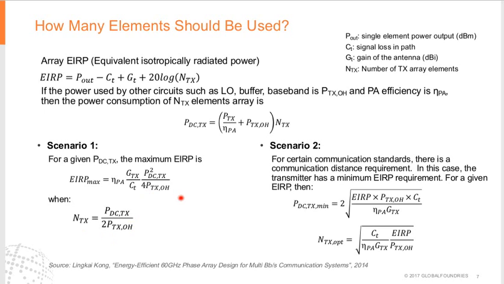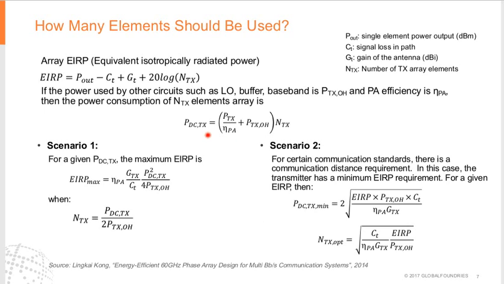For this equation, we can see that the maximum EIRP has a direct positive relationship with the PA efficiency. Scenario 2: for a certain communication spec, there is always a requirement for the communication distance. In this case, we need to minimize the power consumption for a constant EIRP requirement.